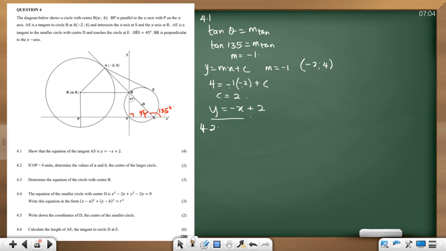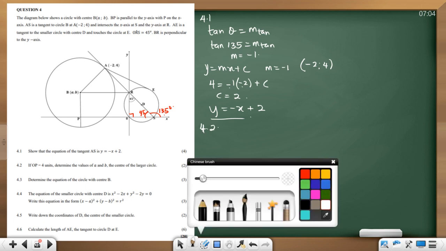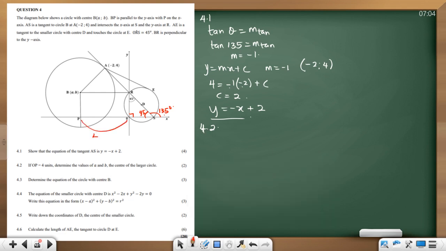4.2. If OP is 4 units, determine the value of A and B. Interesting. I'd like us to take a bit of extra focus here. OP is 4 units. Oh, so it means the x value. Oh, so A is -4 because we're moving to the left.